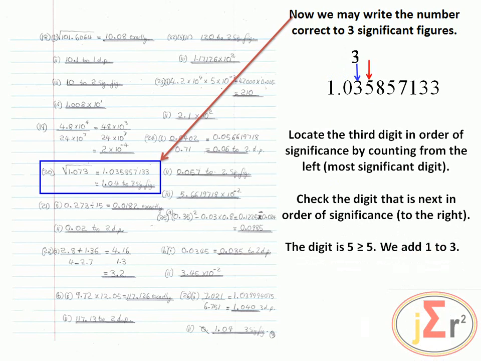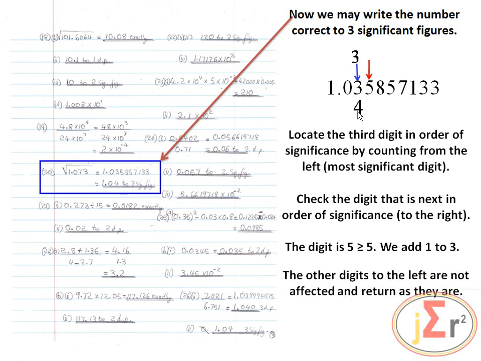The digit is 5, which is greater than or equal to 5. It is equal to 5. And if it is greater than or equal to 5, then we will add 1 to the digit in question, which is this 3. So add 1 and we get 4. The other digits that are located to the left are not affected and return as they are.